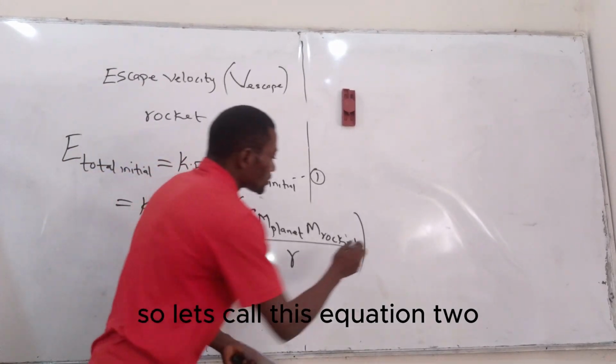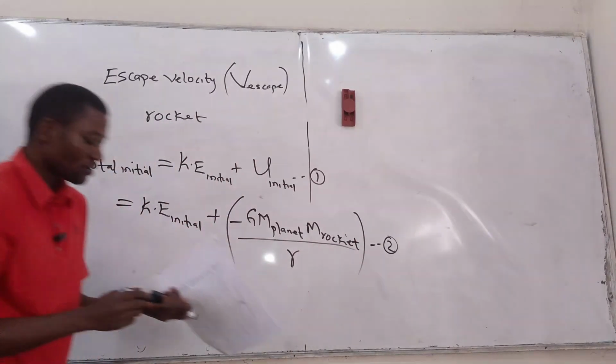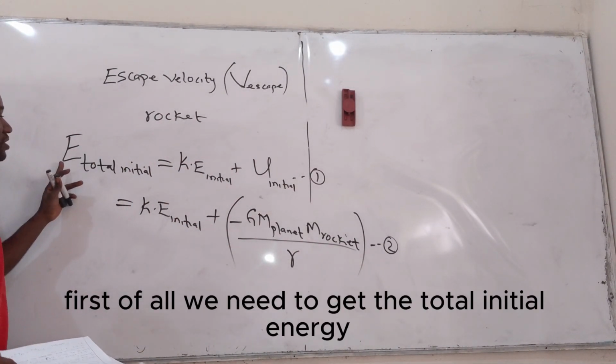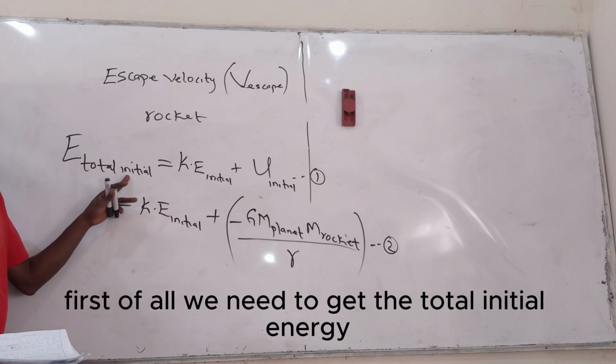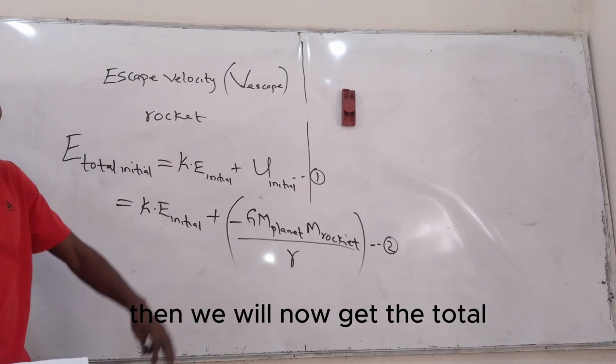So let's call this equation 2. We want to launch the rocket like we said. First of all, we need to get the total initial energy. Then we will now get the total final energy.